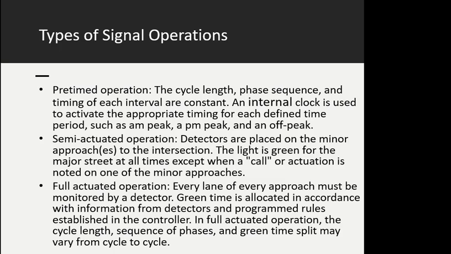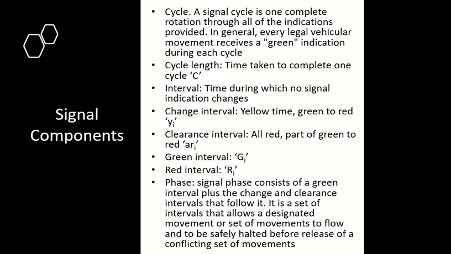Okay, then we have fully actuated signals. Fully actuated signals are used where you have two major roads crossing each other. So we have sensors on all directions, and these sensors obviously are changing the timing of the signal for all directions on the basis of traffic. Okay, so going back here, the sensor is changing the interval duration, right?